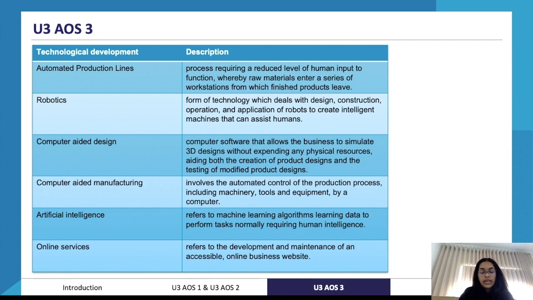And then we have AI, artificial intelligence, which refers to machine learning algorithms, learning data to perform tasks normally requiring human intelligence. And then online services. This refers to the development and maintenance of an accessible online business website. Maybe that might be a portal to communicate with suppliers or to communicate with customers.